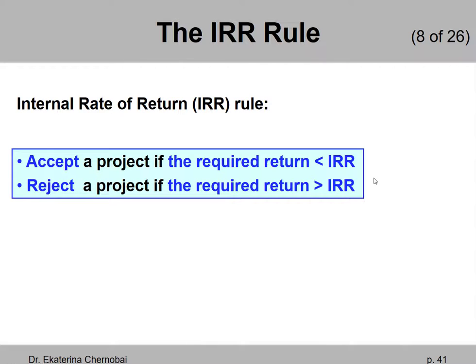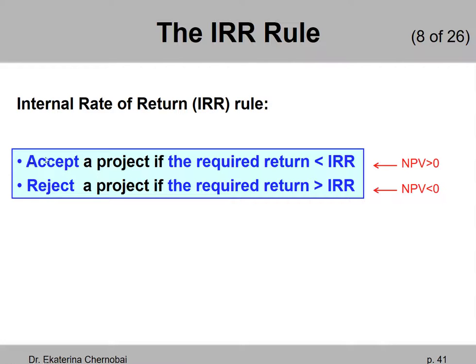So the internal rate of return rule, to summarize, says that a project should be accepted if the required return is less than the IRR. Otherwise, it should be rejected. And there's this very strong link between the IRR approach and the net present value approach.